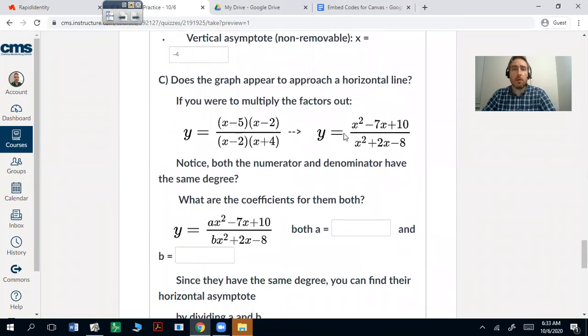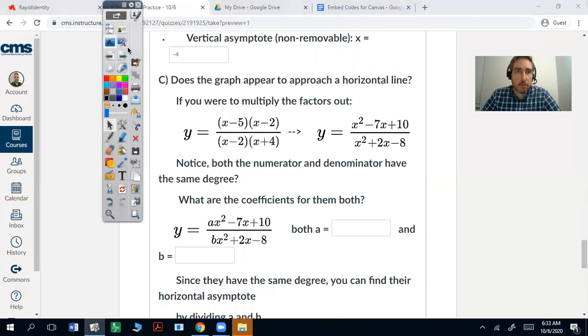So let's take a look at what would happen if I multiply these factors out. If I do a little FOIL, then I have x squared, -2x, -5x, -7x, and then -5 times -2 is +10. So x squared minus 7x plus 10.